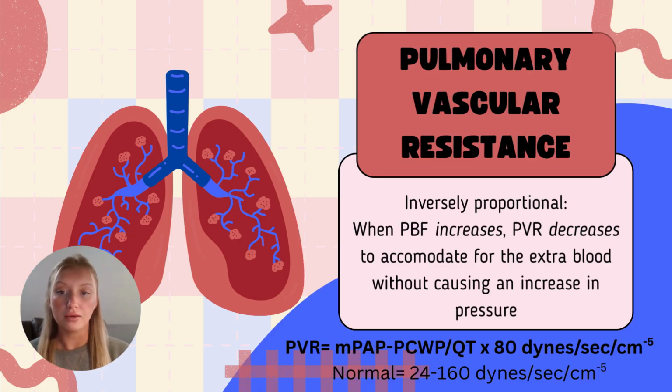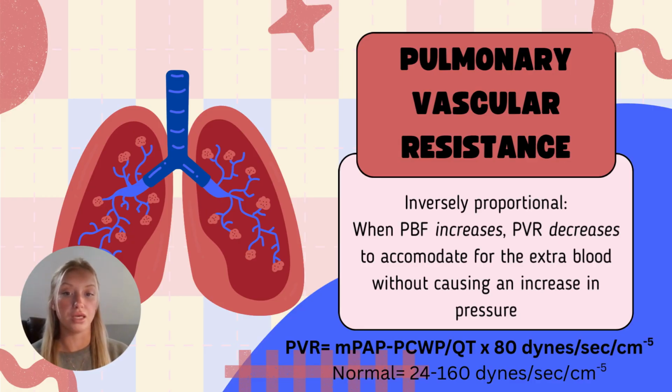Pulmonary blood flow and pulmonary vascular resistance are inversely proportional to each other, which means that when pulmonary blood flow increases, this could be during high levels of activity such as exercise, pulmonary vascular resistance is going to decrease during those times to accommodate for the extra blood that is being pumped without causing an increase in pressure.